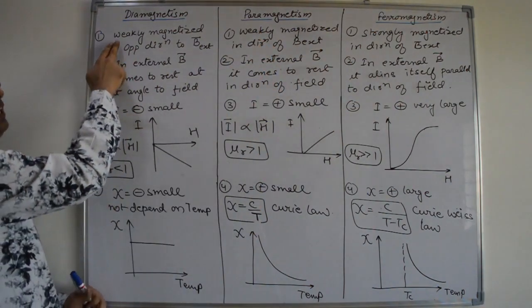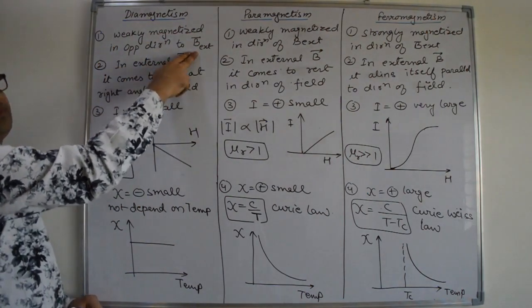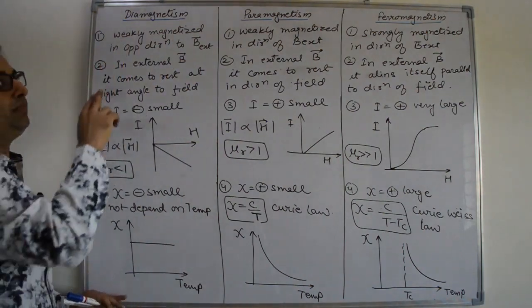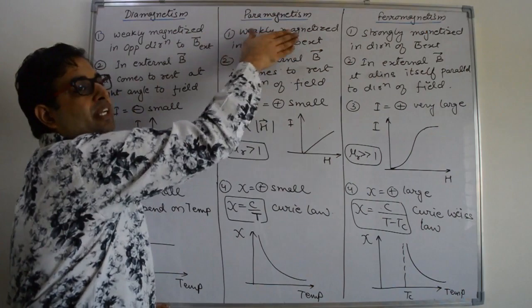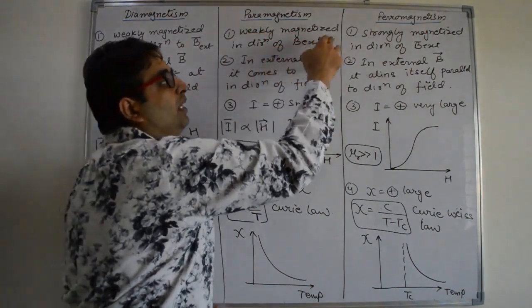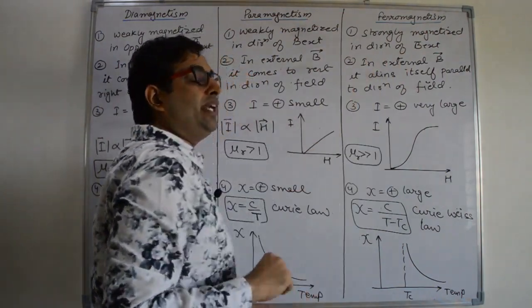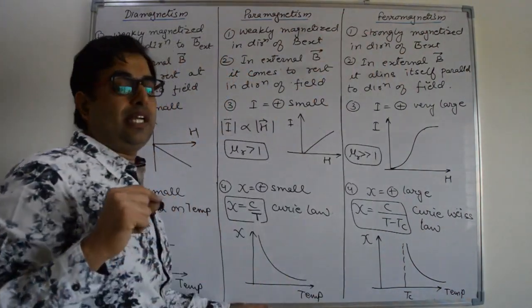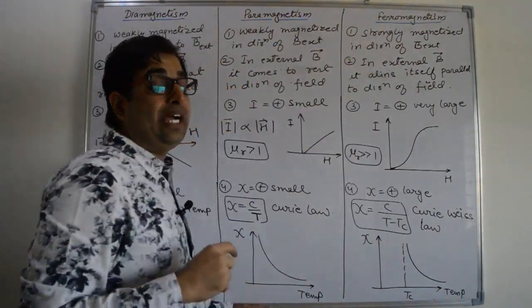So let us see. Diamagnetic is weakly magnetized in the opposite direction of the magnetic field. Paramagnetic is weakly magnetized in the correct direction, in the direction of the magnetic field. Third one, ferromagnetic, is strongly magnetized in the direction of the magnetic field, because ferromagnetic is the elder one and its behavior is in the correct direction and strong.